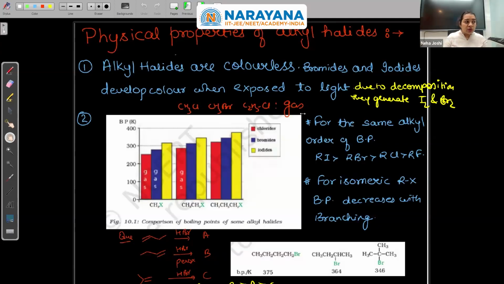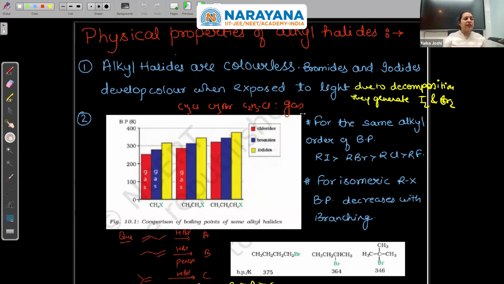So due to the presence of iodine and bromine, there is a color generated in the medium. That is why after some time you will observe this.